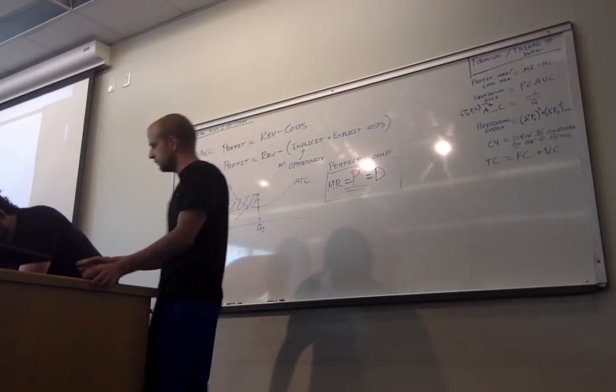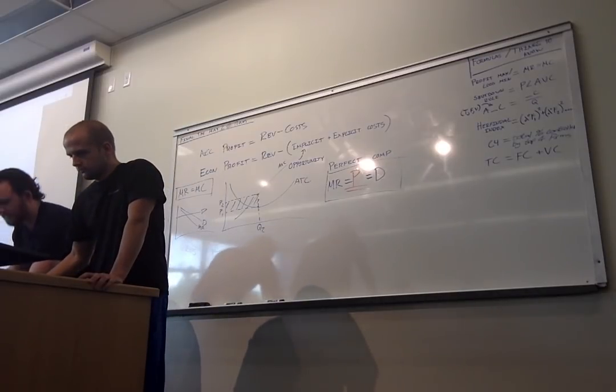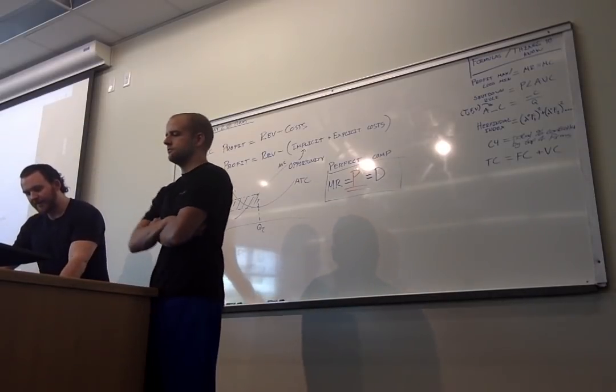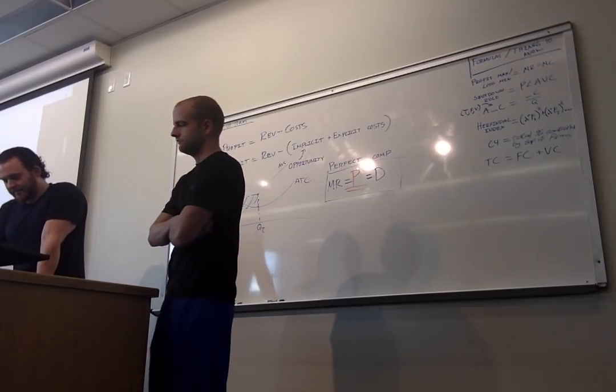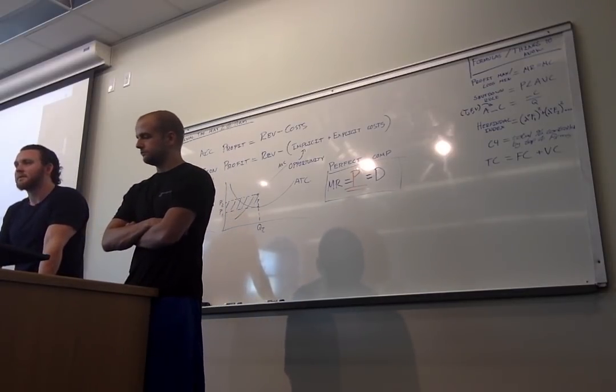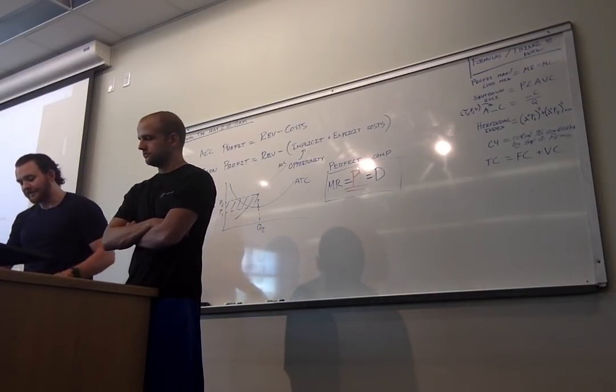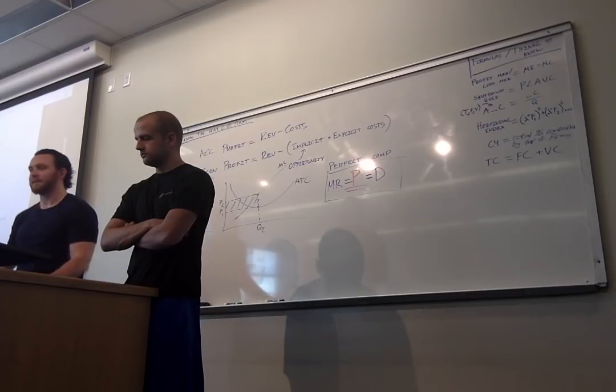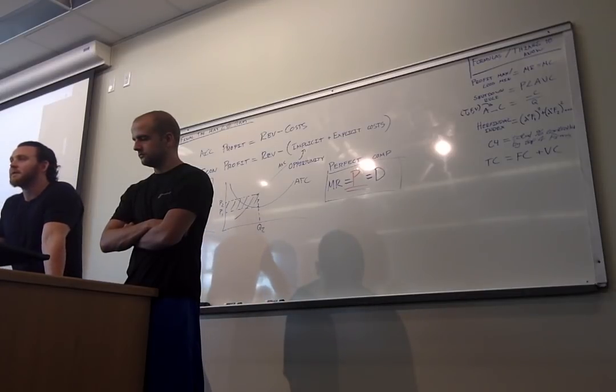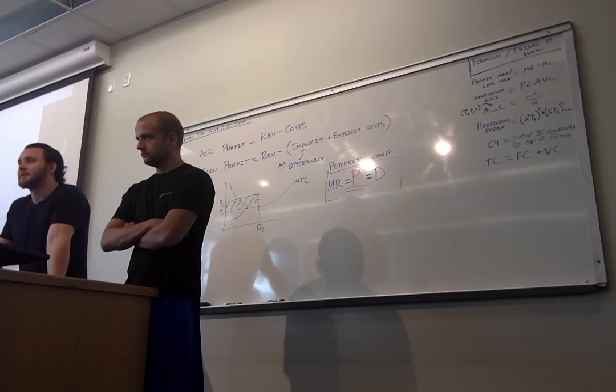Does that make sense why that is? It's P1 times Q2, because marginal cost equals marginal revenue, so it's the same. And we're talking about revenue, not profit, just remember that.